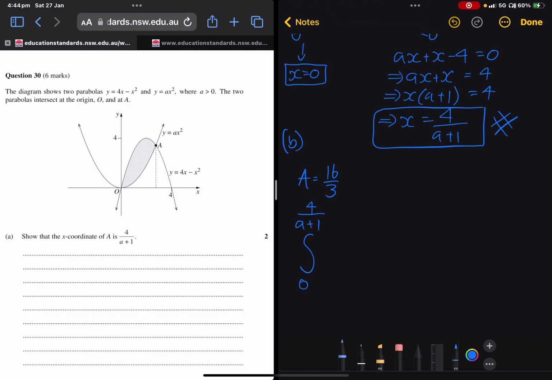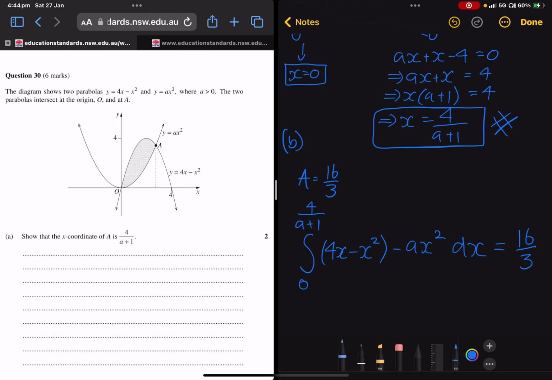It will be the positive integral of the upside down parabola, which will be 4x minus x squared. And then we will be subtracting the integral of the positive parabola, ax squared, all integrated with respect to x. This integral must be the shaded area, which we've been told is 16 on 3.